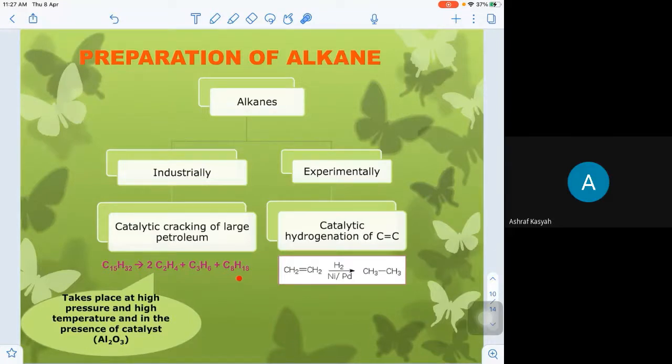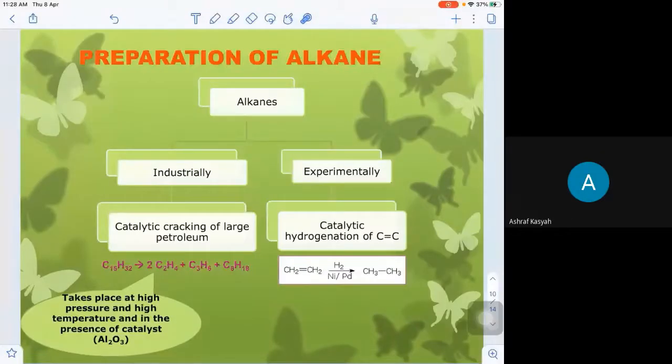The starting material is C15H32. If you look at the general formula, what is this C15H32? It is an alkane, CnH2n+2. So this is actually a long chain alkane.